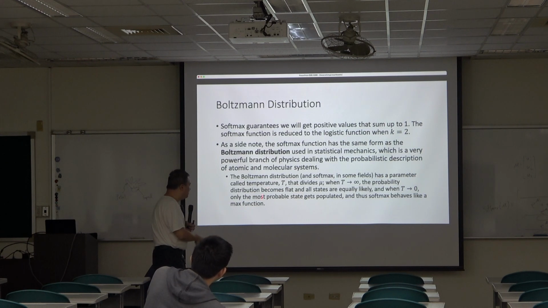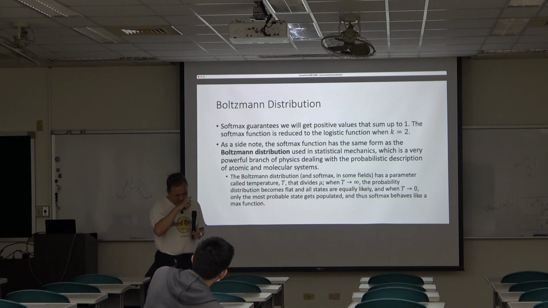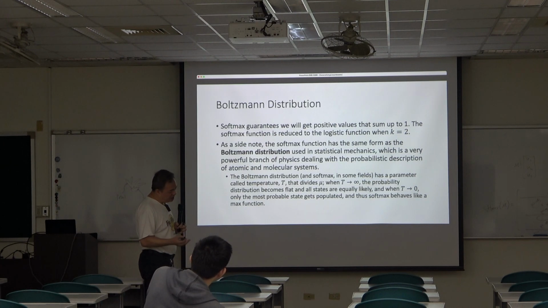But you probably don't need to worry about that, because this is just additional knowledge for atomic and molecular systems in physics. In Bayesian data analysis, we don't have to know that. What we only need to care about is the softmax.